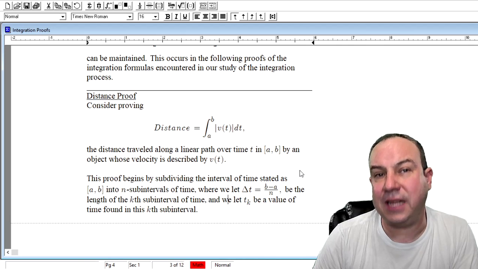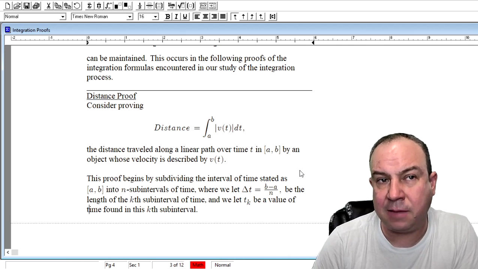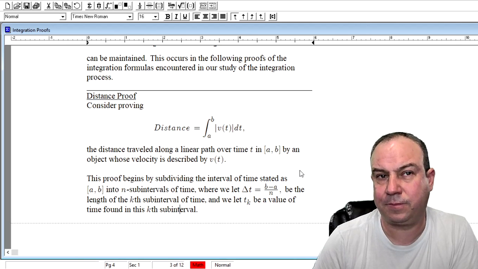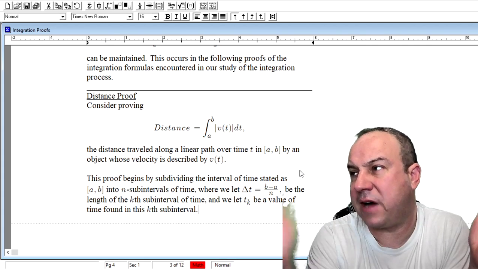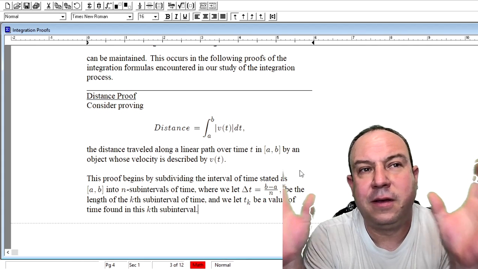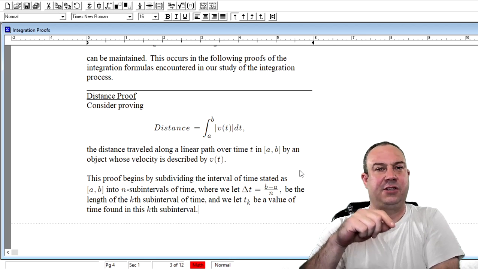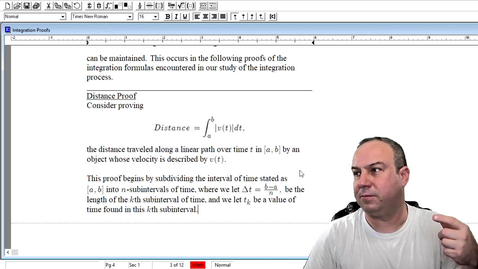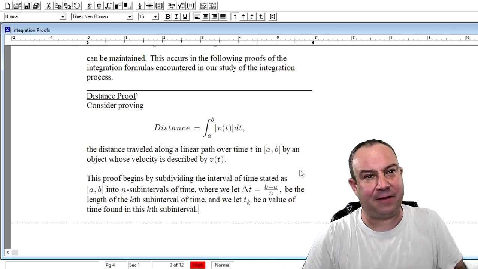And we let t sub k, a lot like x sub k, be a value of time found in this kth subinterval. Right? We might have that time interval from 0 to 5 seconds, divided up into 5 subintervals, and maybe we pick the midpoint of time in each of those: 1/2, 3/2, 5/2, 7/2, 9/2.